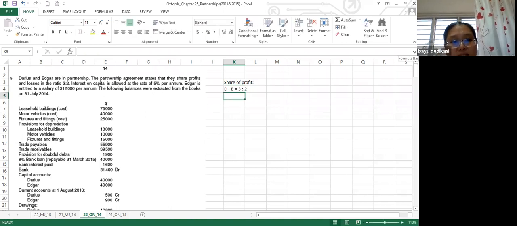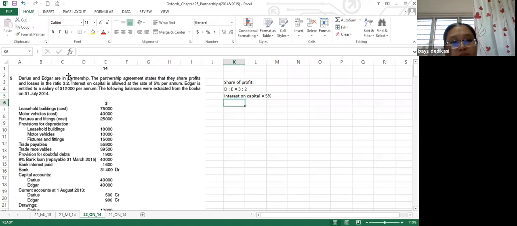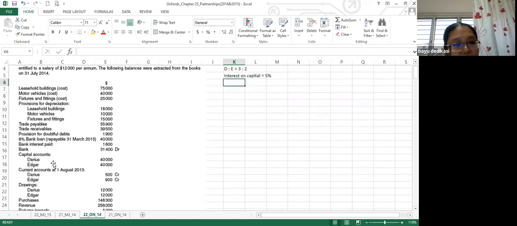Next is that interest on capital is allowed at 5%. And then how much is our capital? Our capital for D is 40,000.